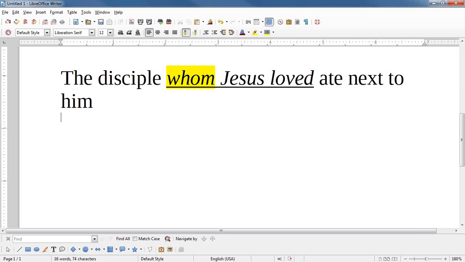So the question is, what noun is it modifying? It is modifying disciple. So this relative clause is giving us more detail of who the disciple is. It's not just any ordinary disciple. It is the one whom Jesus loved. Okay? So that's how relative clauses work. Like I said, you can use sentences now to modify or describe nouns. And that's what we have here. Any questions about the relative clause?